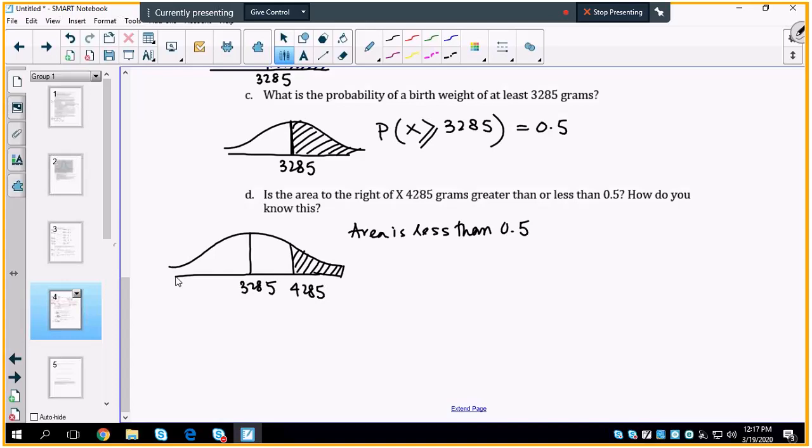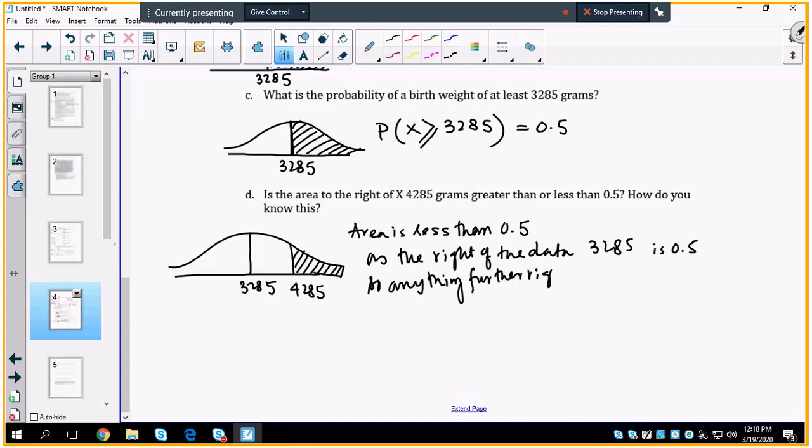Because the area to the right of the data value 3285 is 0.5, so anything further right will have less area, because you're shifting towards the tail of the total area. So that answers my question.